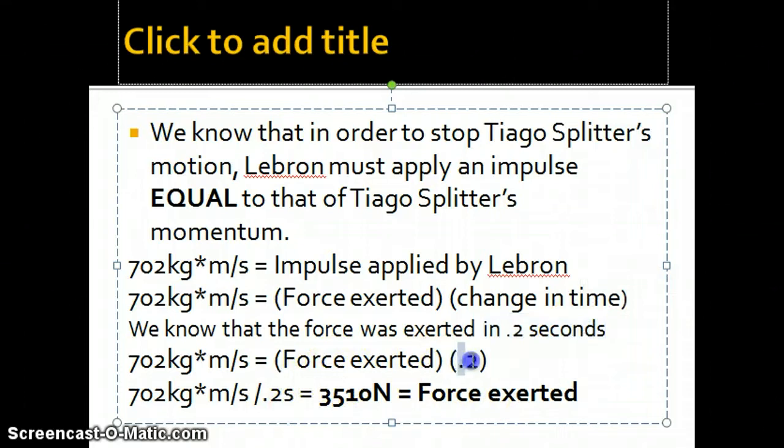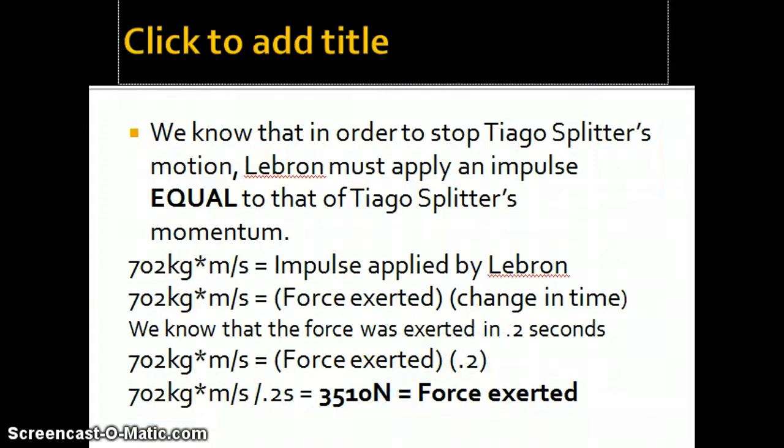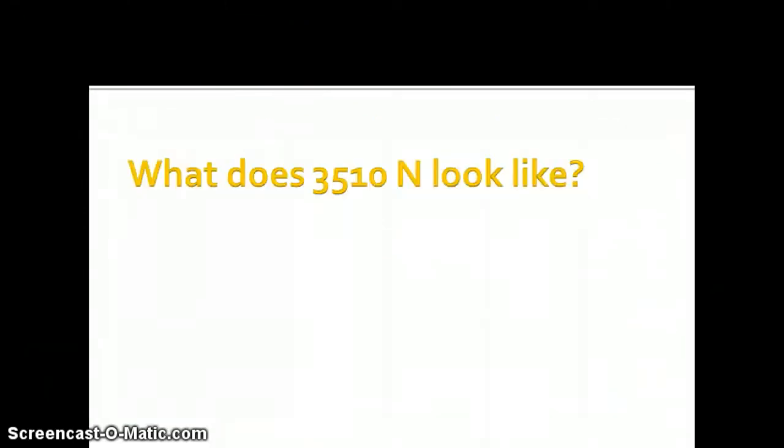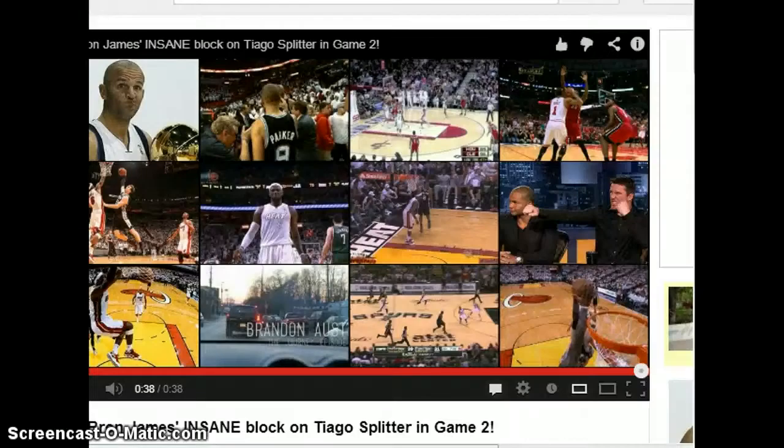So by plugging it into the equation, doing a little manipulation, we find the overall force that LeBron applies to be 3,510 newtons. That's a ton, but it makes sense because he's a strong man, and yeah, I believed it when I saw it.